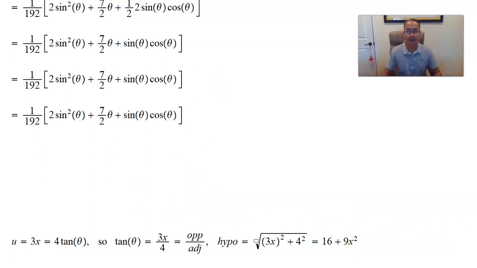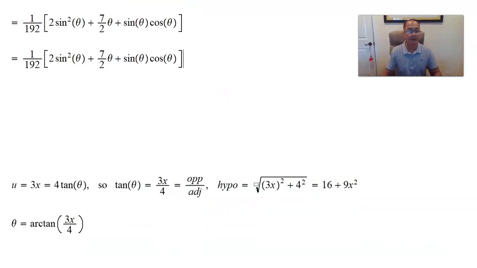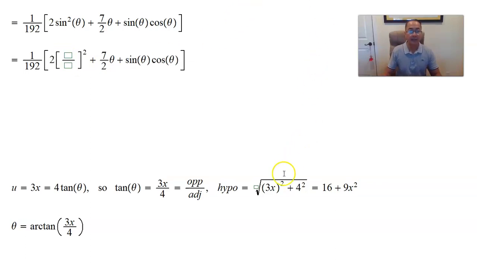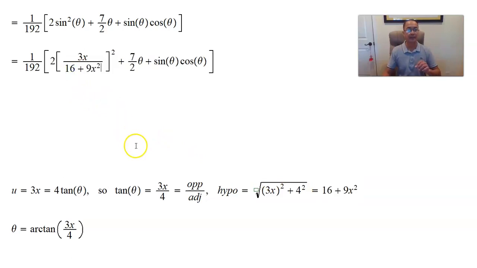Famous last words. So we have 2 sine squared. So sine, we'll replace this, something squared. Fraction. Sine is opposite over hypotenuse. Our opposite is 3x. Our hypotenuse is the square root of 16 plus 9x squared. There we go.